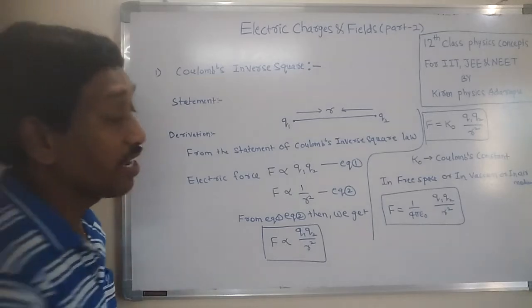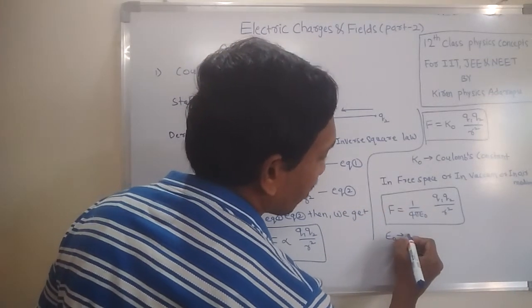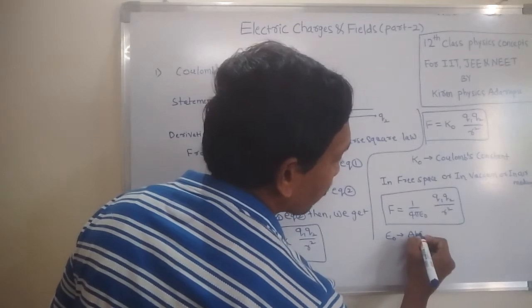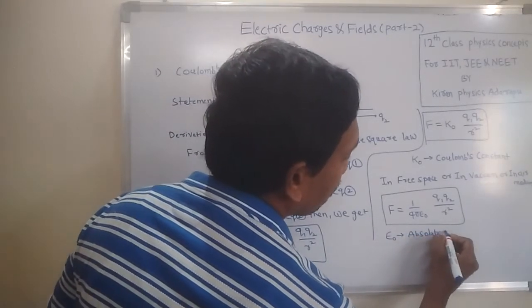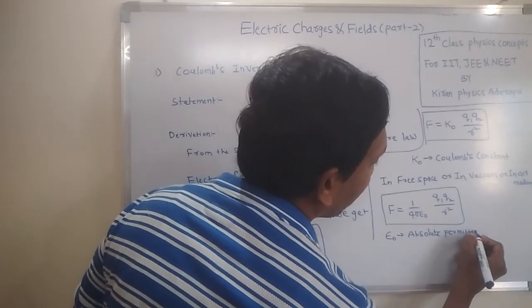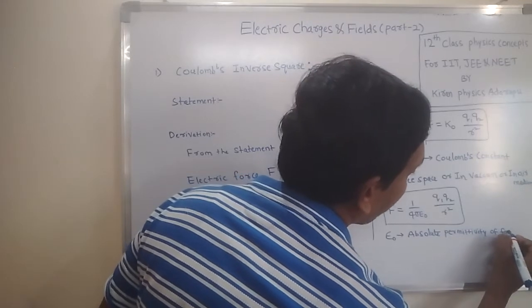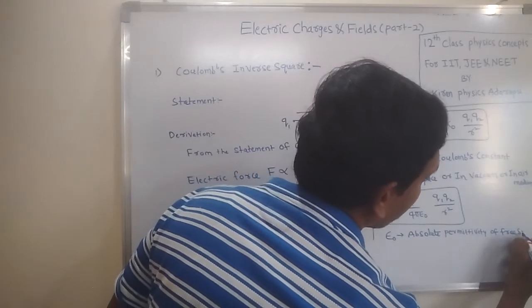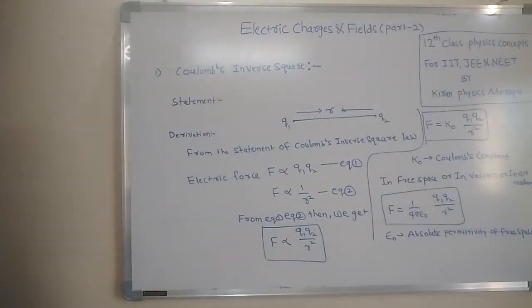Now in this expression, what is epsilon naught? This proportionality constant is called the absolute permittivity of air medium, free space, or vacuum. So epsilon naught stands for the absolute permittivity of free space.